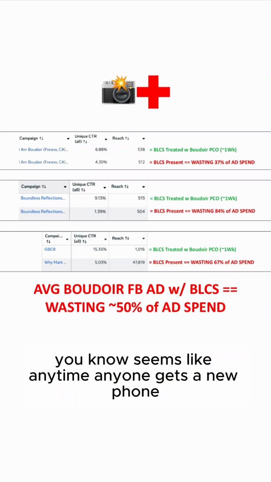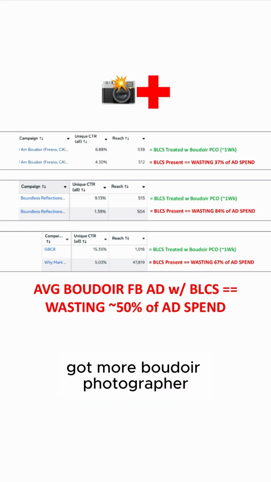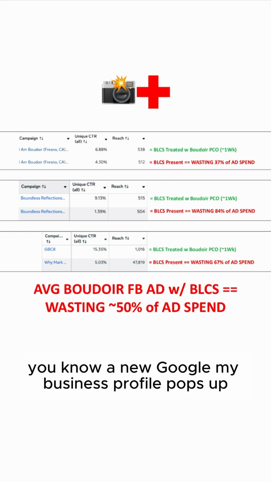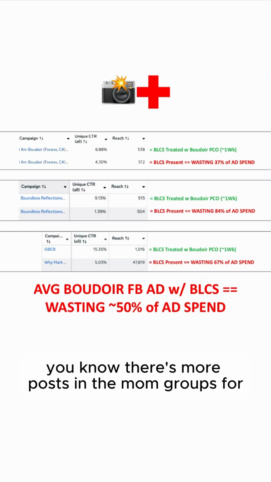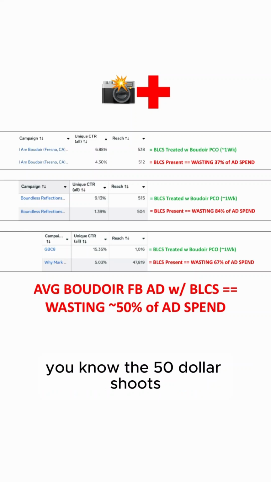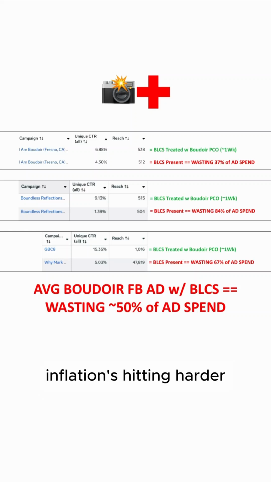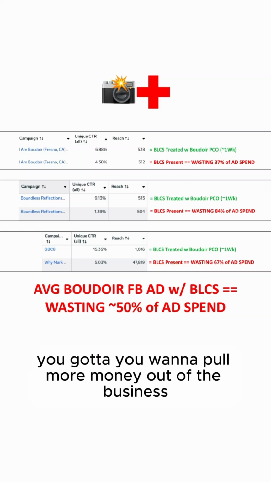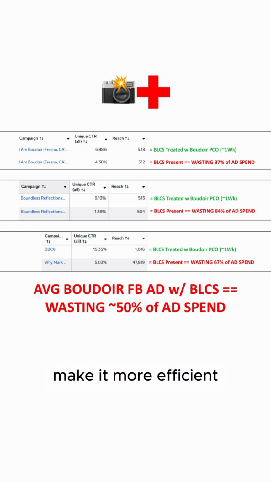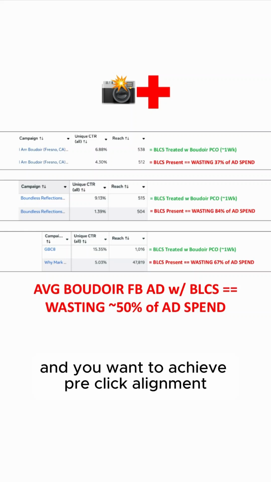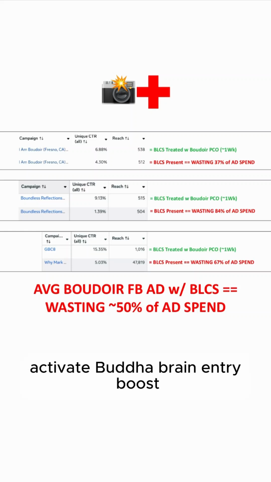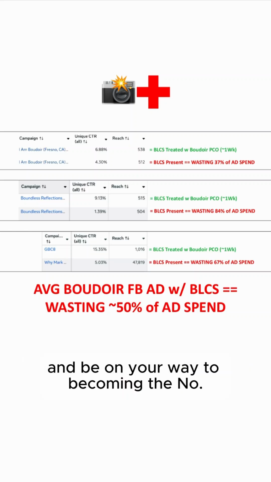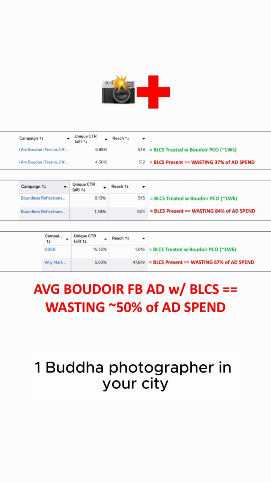Seems like anytime anyone gets a new phone, you got more boudoir photography. A new Google My Business profile pops up, or anytime someone gets a new camera, there's more posts in the mom groups for the $50 shoots. So the market is becoming more saturated. Inflation's hitting harder. You want to pull more money out of the business, make it more efficient, and you want to achieve pre-click alignment, become a dominant boudoir advertiser, activate Boudoir brain entry boost, and be on your way to becoming the #1 boudoir photographer in your city.